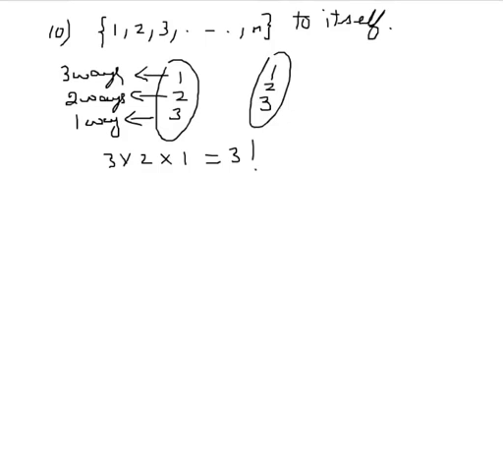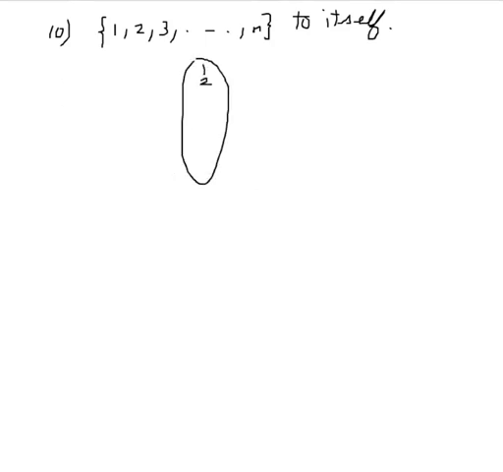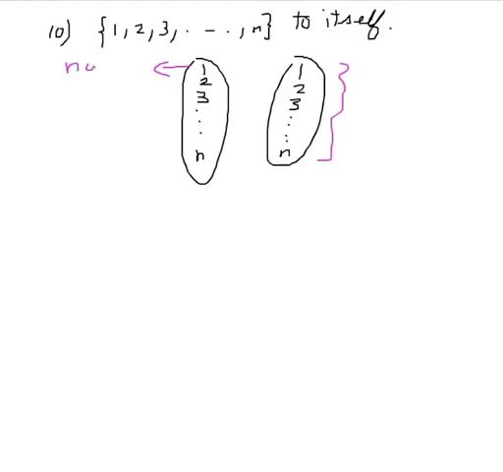Similarly, we can do this question. Here the set 1, 2, 3 up to n to set 1, 2, 3 up to n. So 1 can be connected to one of these n elements in n ways. 1 can be connected to 1, or 1 can be connected to 2, or to 3, or up to n.